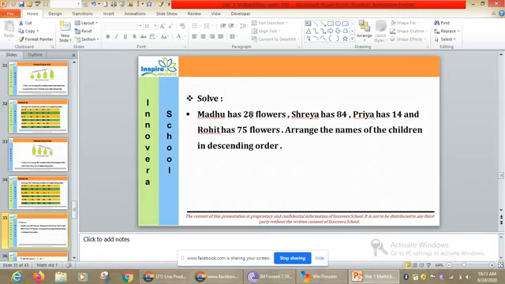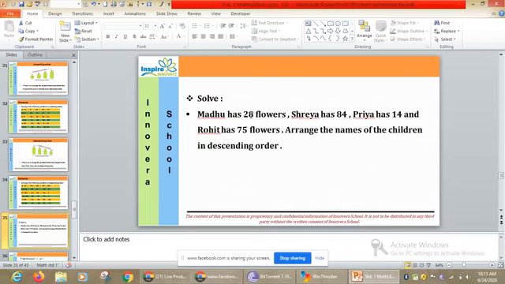So there are 4 children, Madhu, Shreya, Priya and Rohit, and they are having flowers with them. Madhu is having 28, Shreya is having 84, Priya is having 40 and Rohit is having 75 flowers.